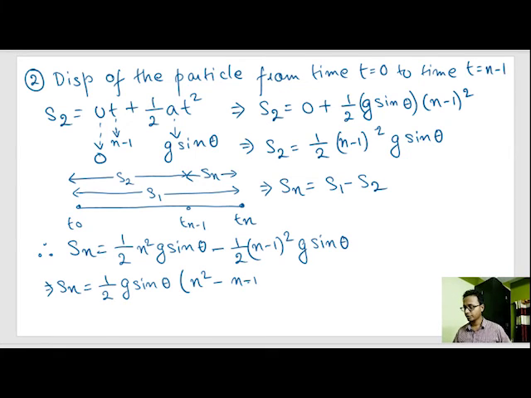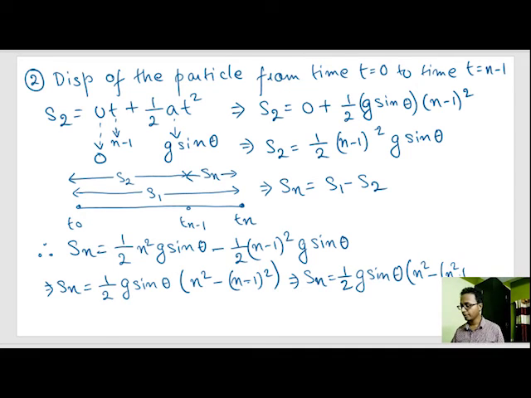Now we can expand this n minus 1 whole square. a minus b whole square is equal to a square plus b square minus 2ab, so half g sin theta into n square minus n square plus 1 square minus 2n.